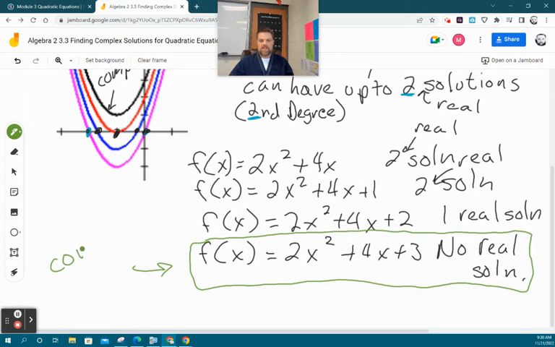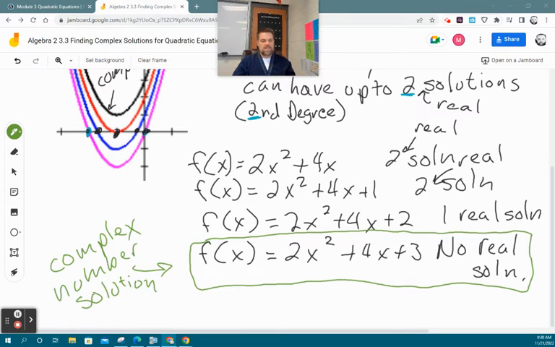When we go to solve this algebraically, it has a complex number solution. Okay? So we're going to unpack that, and we're going to try to find what that is.